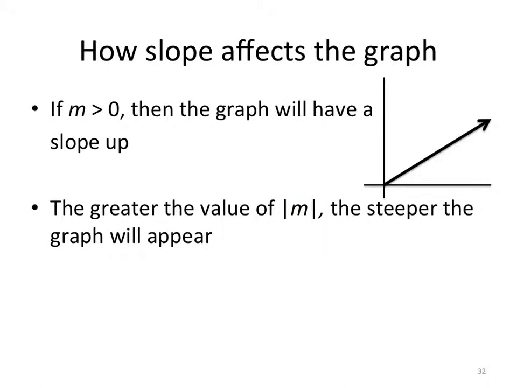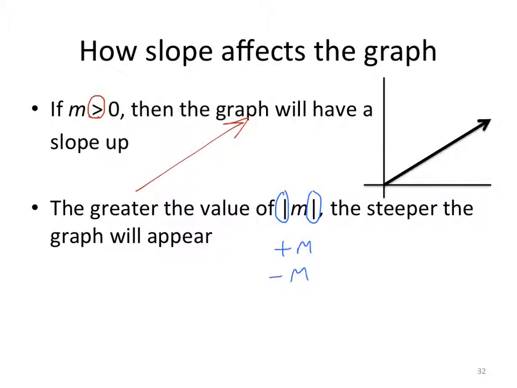All right. So if we have a positive slope, that is, if m is greater than 0, if it's 1, 2, 3, or 4, etc., then it will slope up. That is, if we're moving from left to right, it will slope up in that direction right there. And the greater the value of m, and hopefully you know what these bars mean, that means absolute value, right? You can have a positive m or a negative m.